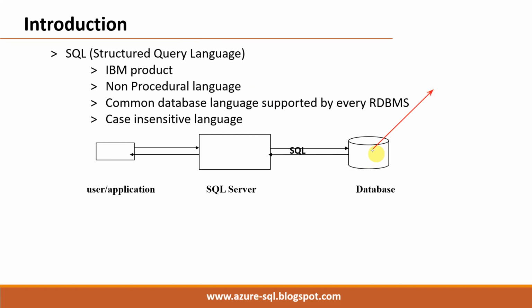Logically, a database is a collection of objects like tables, views, stored procedures, everything. Whereas physically, a database is a collection of files.